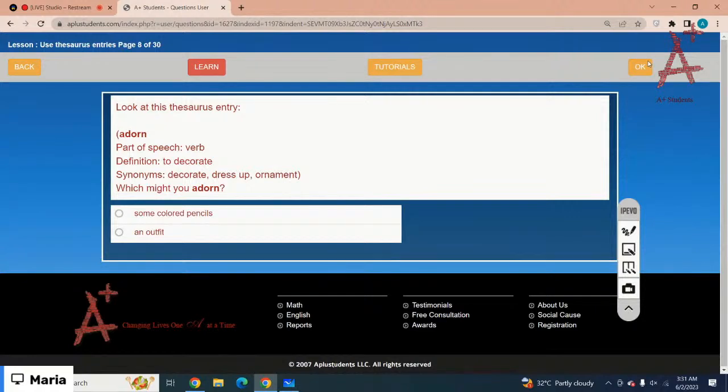Look at this thesaurus entry adorn. It is a verb and it means to decorate, and the synonyms are decorate, dress up, ornament. Which might you adorn? Some colored pencils or an outfit?